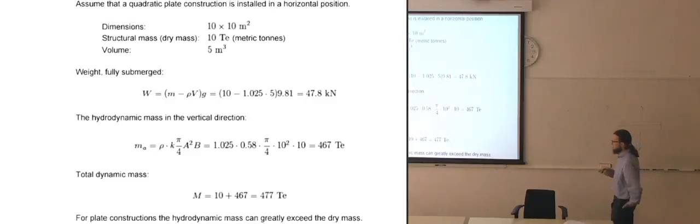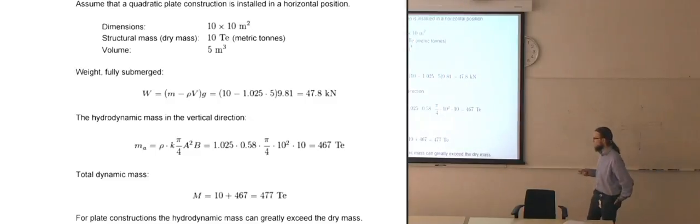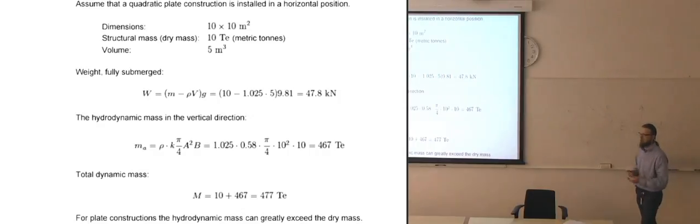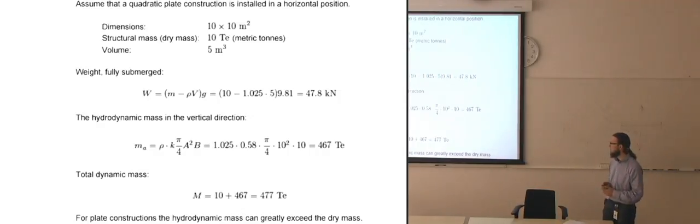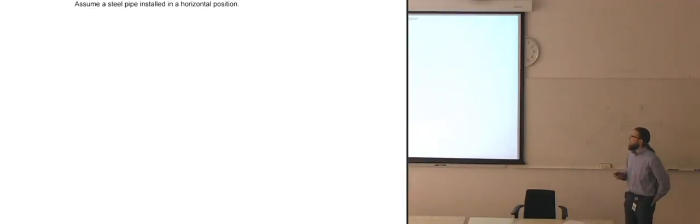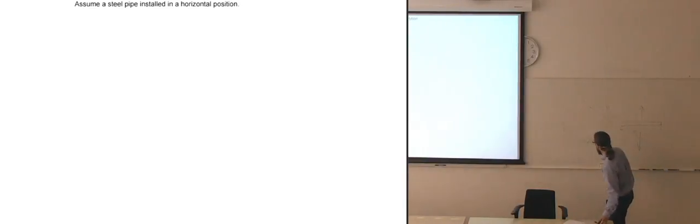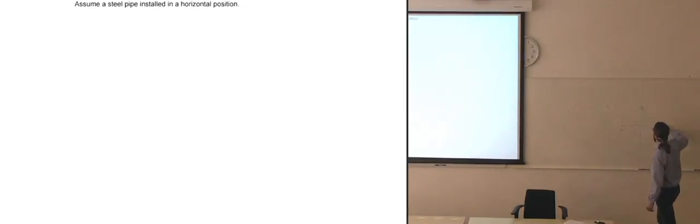So for plate constructions, hydrodynamic mass can greatly exceed the dry mass, as we've seen here. We can get huge numbers for the hydrodynamic mass. So now we're going to look at a steel pipe, and now in the horizontal position, as we've looked at a couple of times before already.